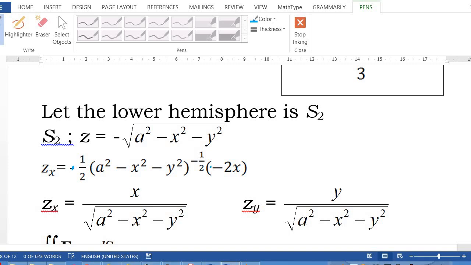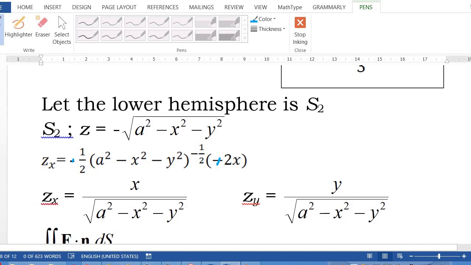So the negative and negative here cancel, and you get positive x compared to just now. For S1, z x was negative; now it is positive x over square root of a squared minus x squared minus y squared. Similarly, z y is only here negative 2y, so simplifying you get y over square root of a squared minus x squared minus y squared.